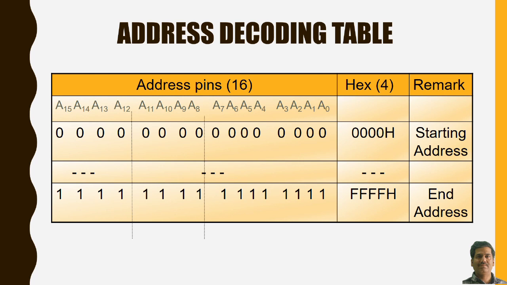This address decoding table will give you the idea about the starting address and end address of this particular memory IC.